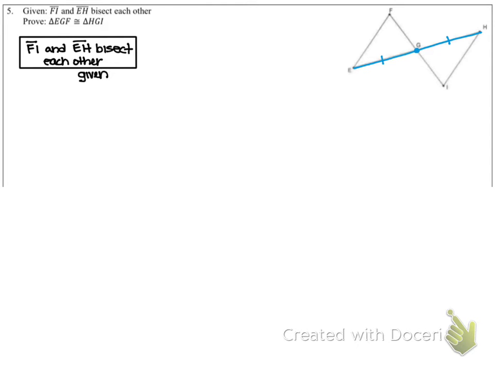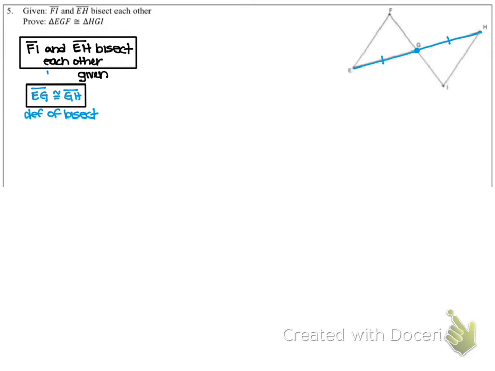So from this, because of bisect, I can say that line segment EG and GH must be congruent. So EG must be congruent to GH. I know this because I was told that they bisected each other. So this is definition of bisect.